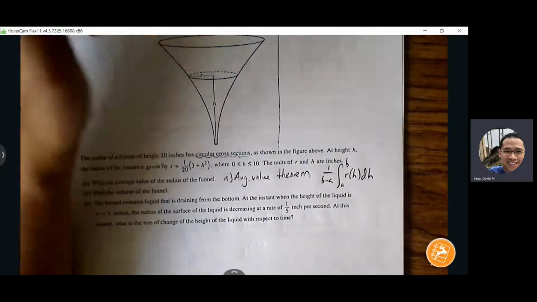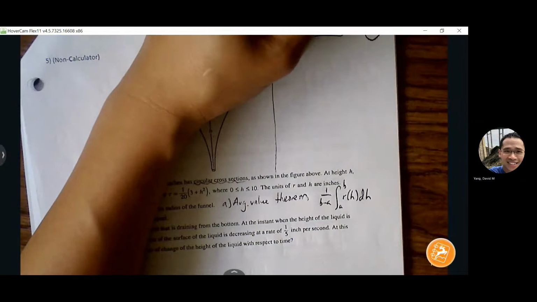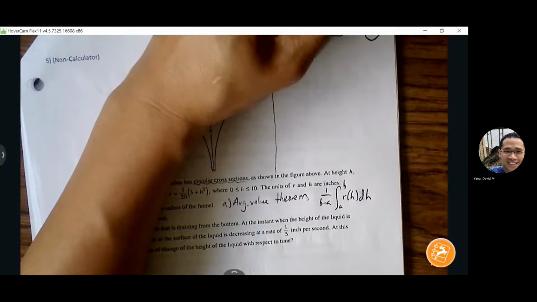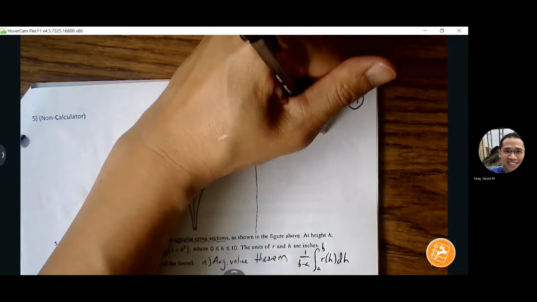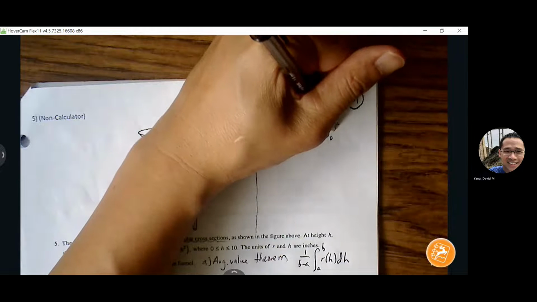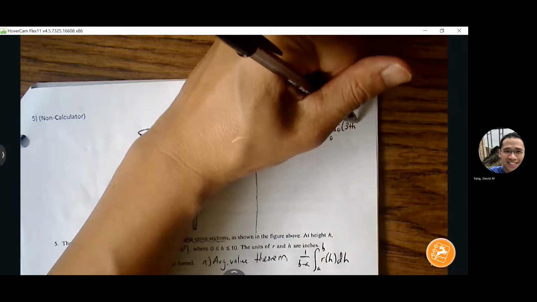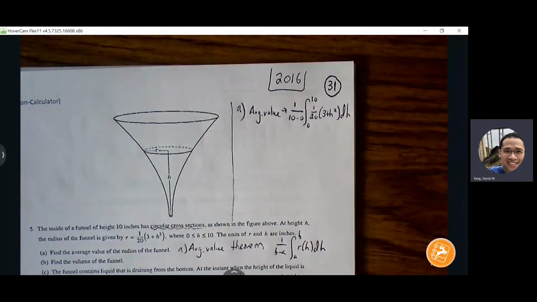I'm going to put this up here, save the bottom for b and c. Now this is a little bit tedious because all that's required here is power rule and evaluating, but without a calculator, it's going to take a little bit more time. But we can leave our answer in unsimplified form. It's just a little bit of a messy process.